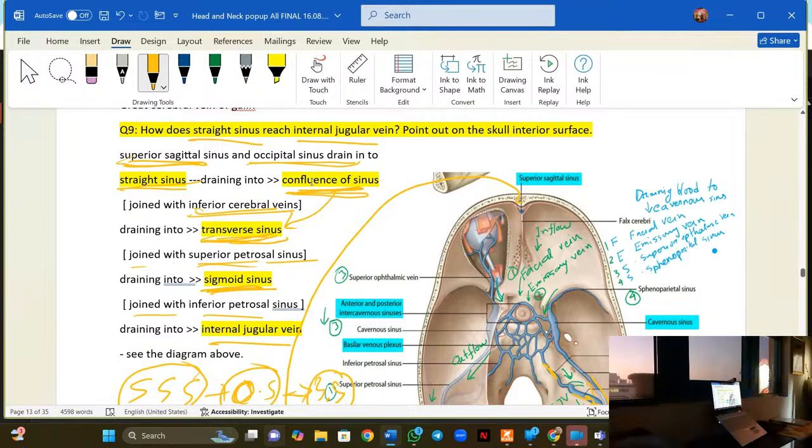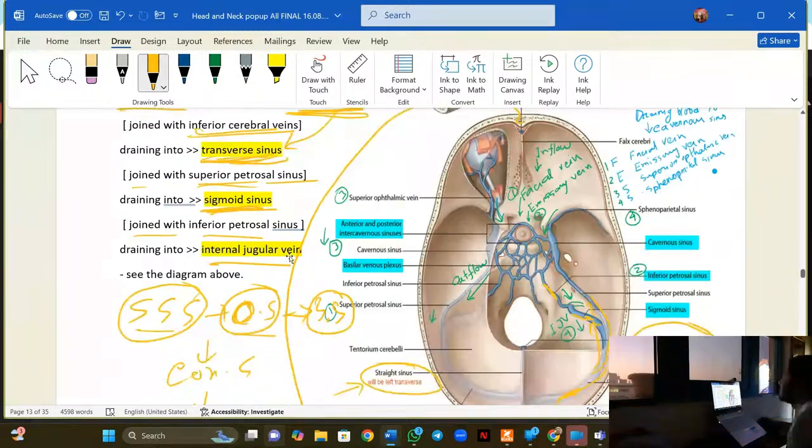Sigmoid sinus joined with the inferior petrosal sinus drains into the internal jugular vein. There is a diagram.